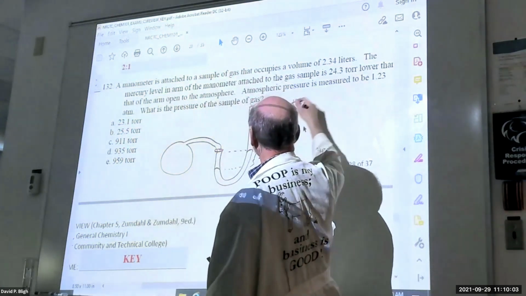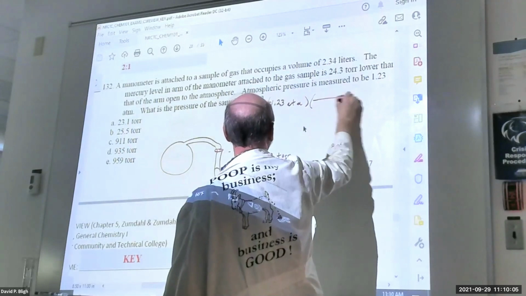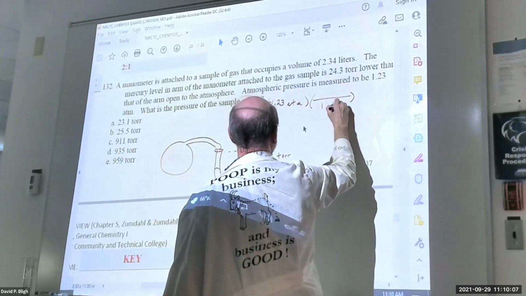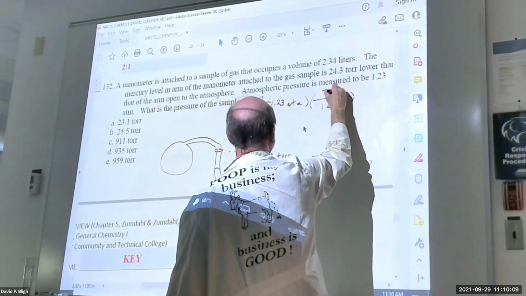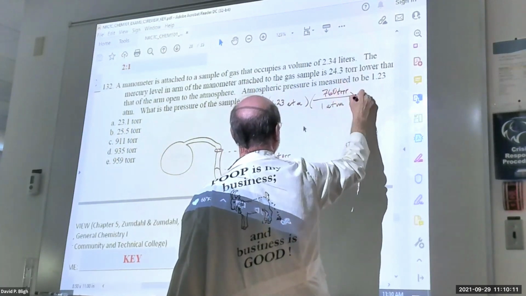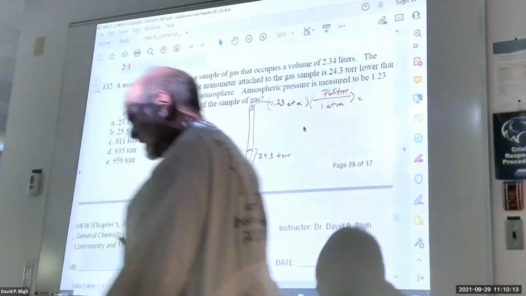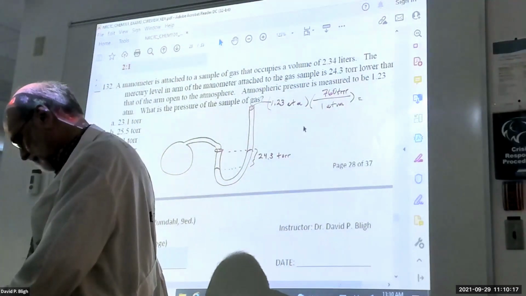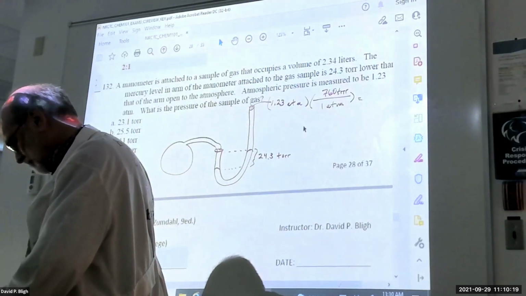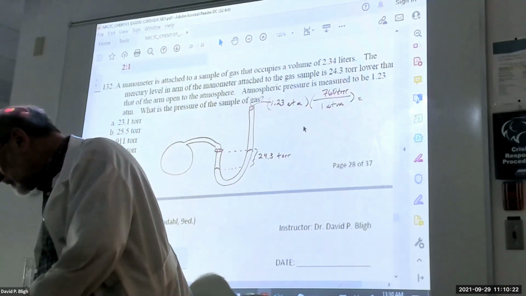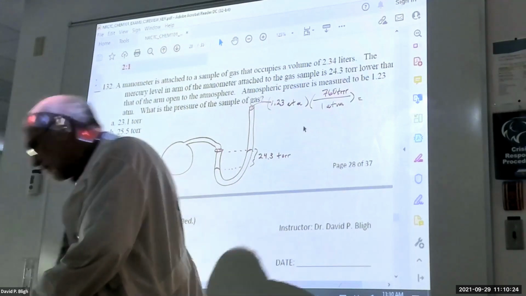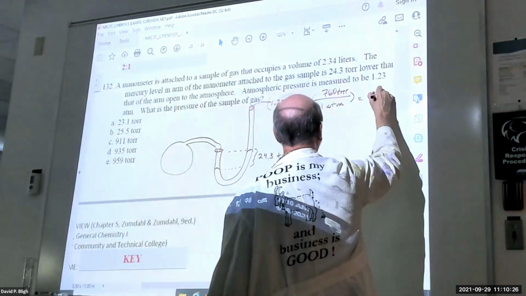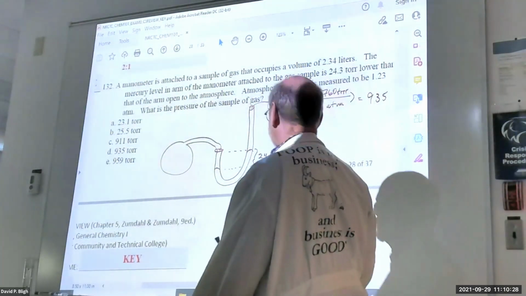So we have to convert this to torr. Right, 1.23 times 760 is 935 torr.